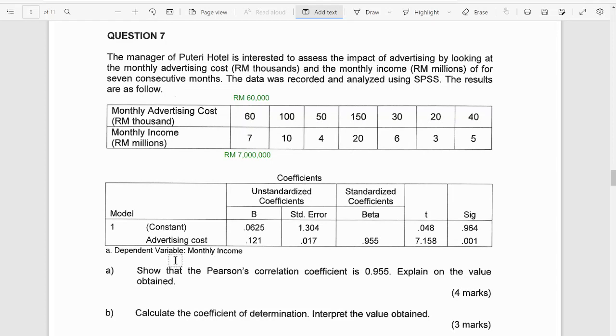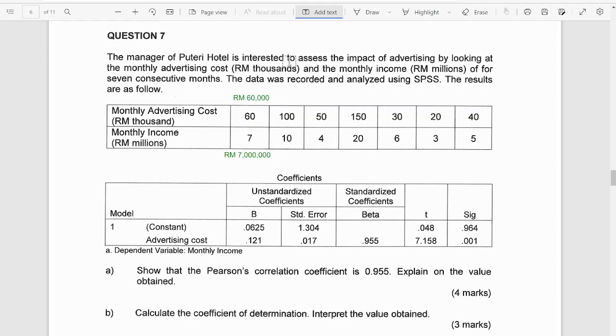So these are the things that you have to be aware of whenever you are given a data set like this. In regression analysis, in correlation, when we talk about correlation, we are looking at the relationship between two or more variables.